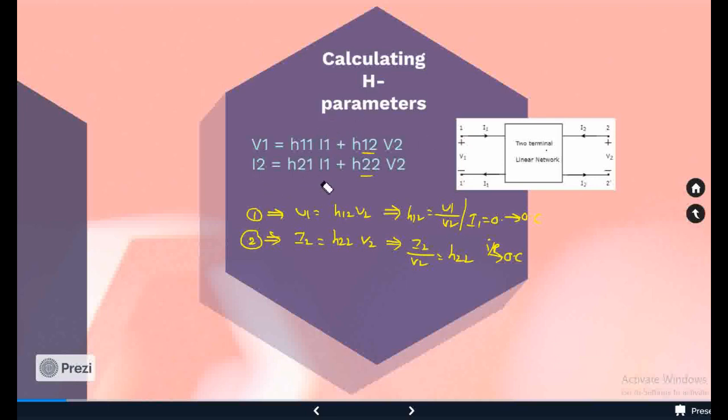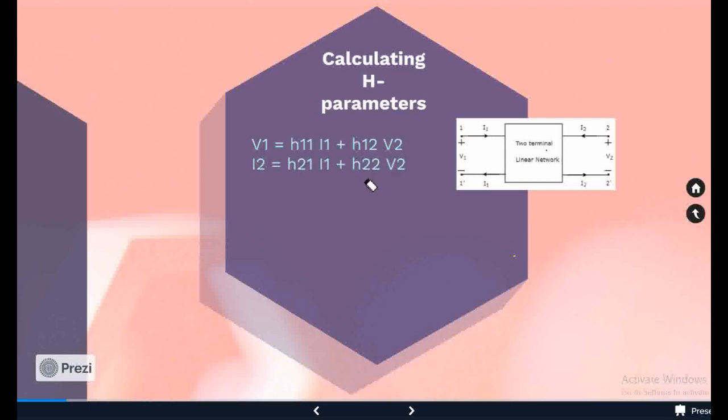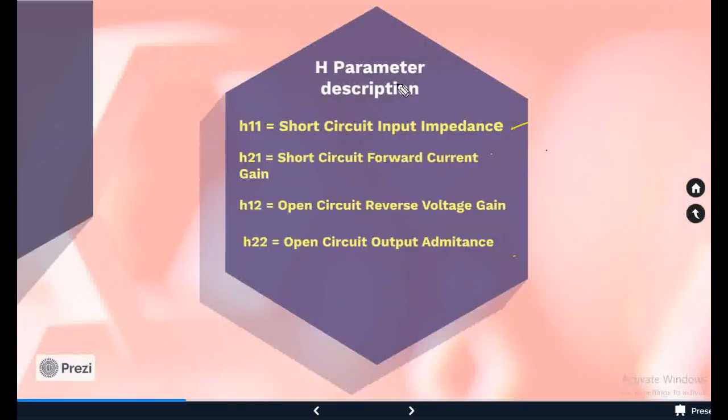It means these H parameters are a combination of both the short circuit parameters as well as the open circuit parameters. H parameters are described as: H11 is the short circuit input impedance, H21 is the short circuit forward current gain, H12 is the open circuit reverse voltage gain, and H22 is the open circuit output admittance.